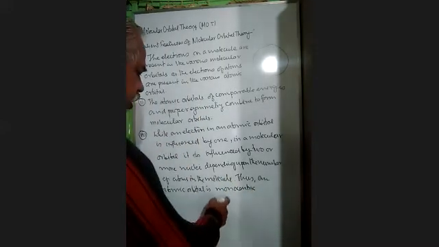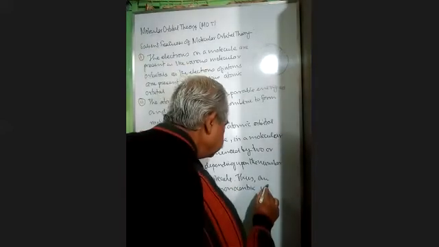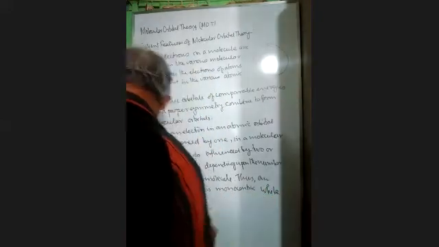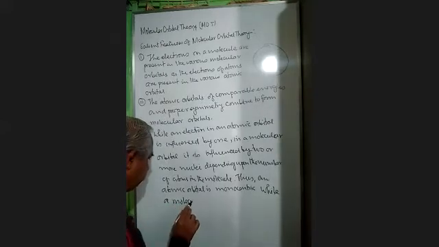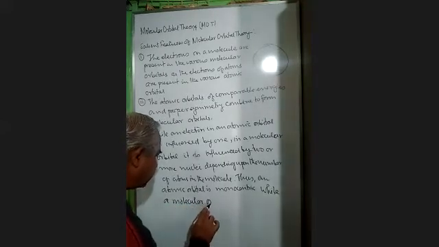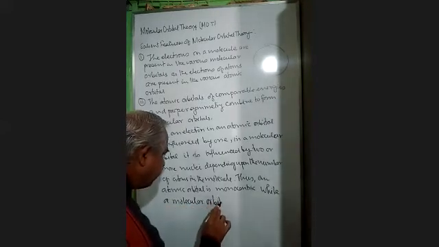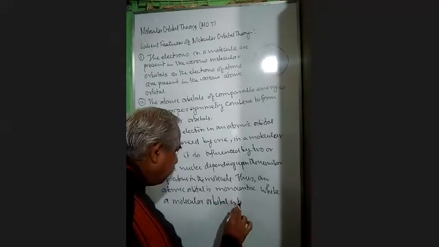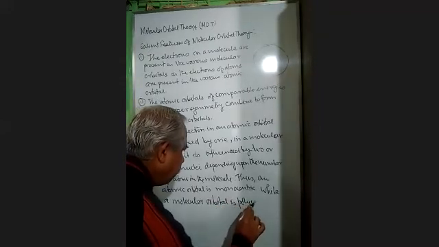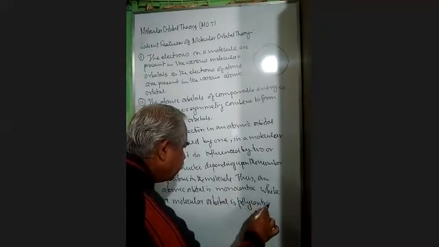One nucleus and all the orbitals are around it. So it's called monocentric. While a molecular orbital is polycentric, because you have more than one nucleus.